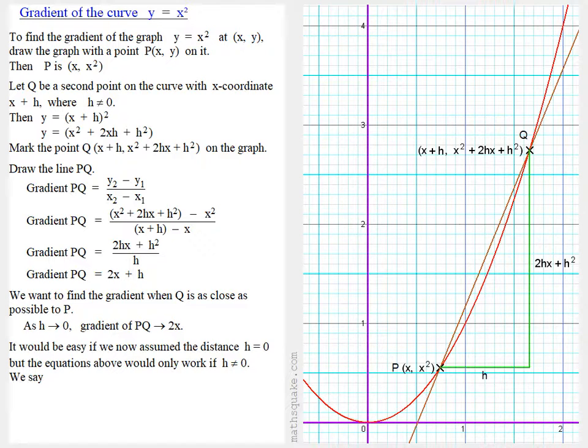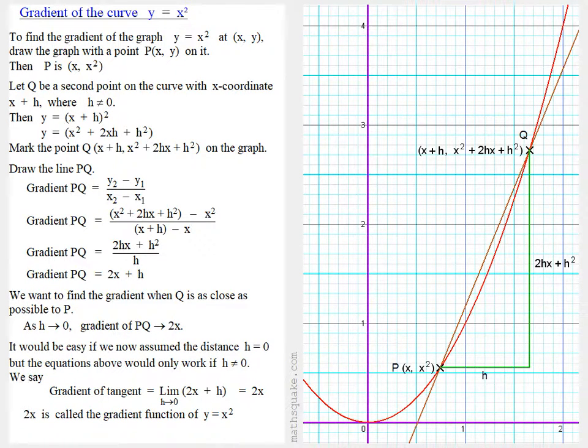So what we say is the gradient of the tangent is equal to the limit as h tends to 0 of 2x plus h. So we imagine h gets very, very small, and that gives us a very good approximation to the gradient of the tangent. So we can assume the gradient of the tangent is 2x.